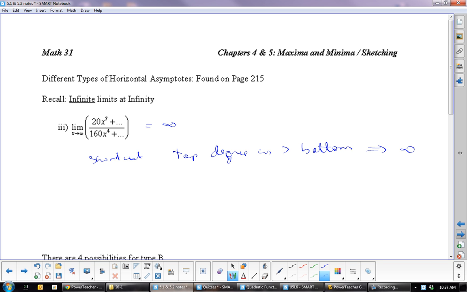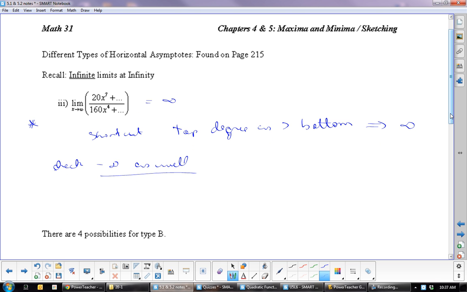But again, with this one, I would check negative infinity as well, because it does sometimes give a different answer. It may give negative infinity, which in this case it does, because I'd get a negative infinity over a positive smaller infinity, right?